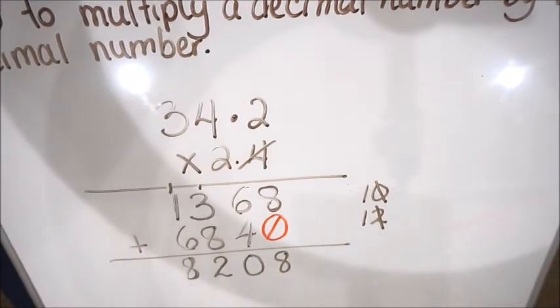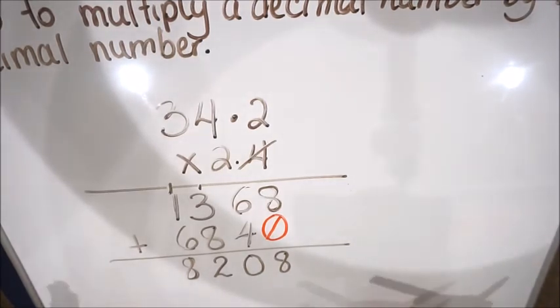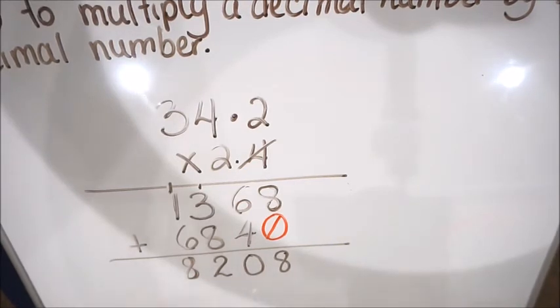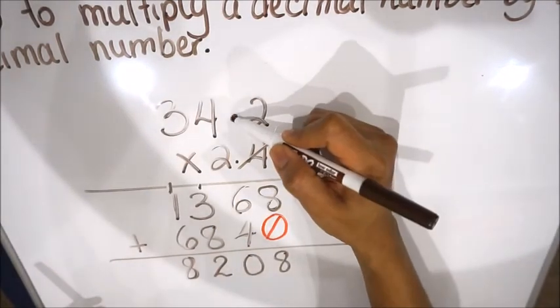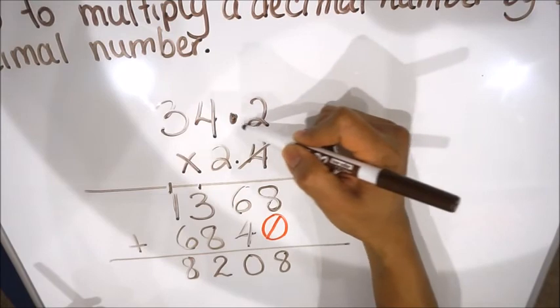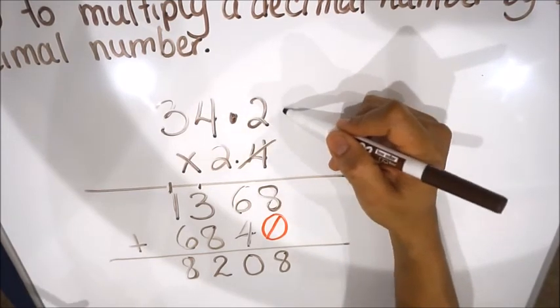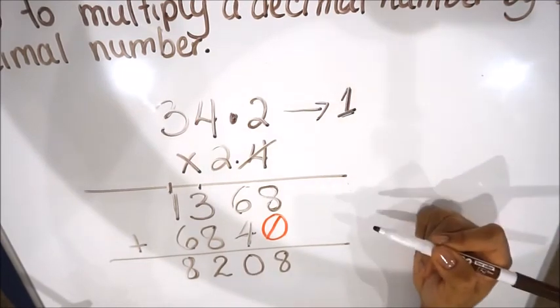As we said previously, we are not quite finished because we multiply decimal numbers by decimal numbers, so we need to figure out where to place our decimal point. Looking at my first decimal number, I have 1 digit behind my decimal, and that 1 digit is just 2. Go ahead and write 1 for the 1 digit that I have here.